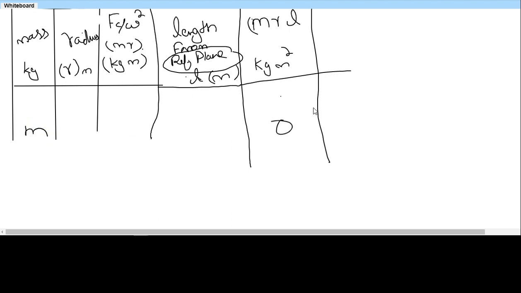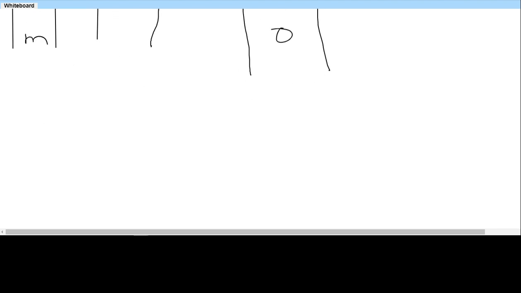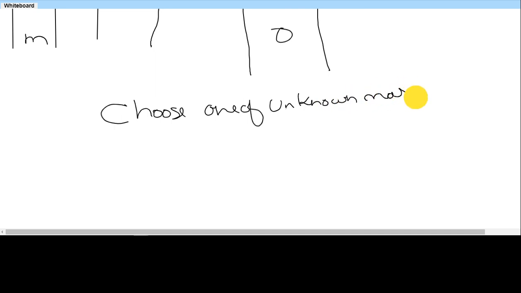And we require that 0 value to solve this by the graphical method. So always choose one of the unknown masses as the reference plane.